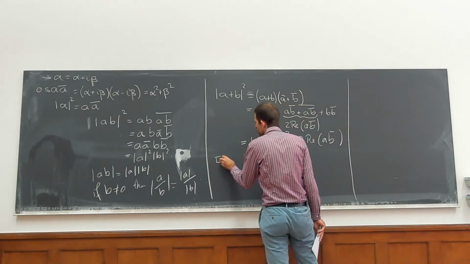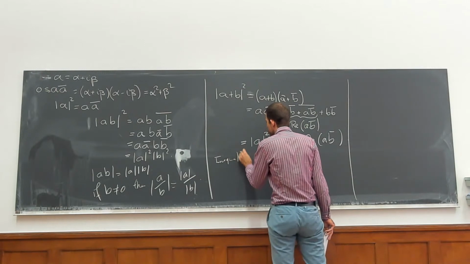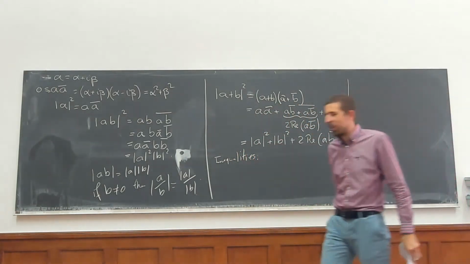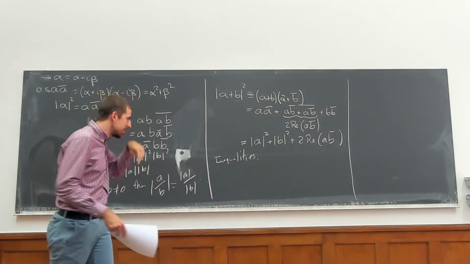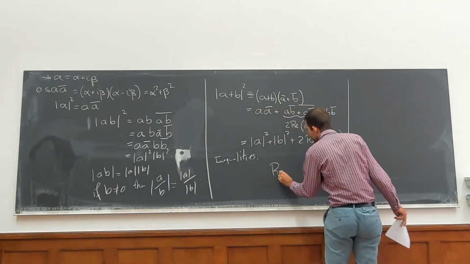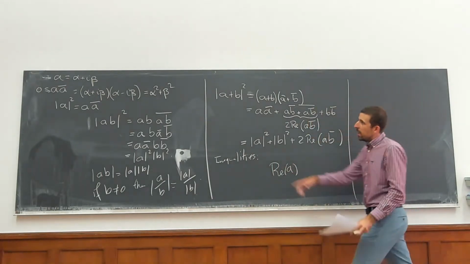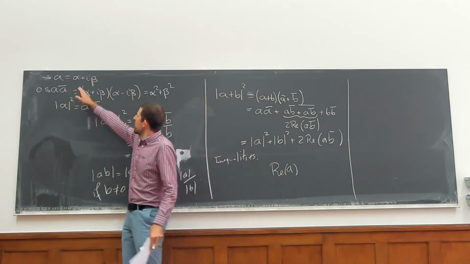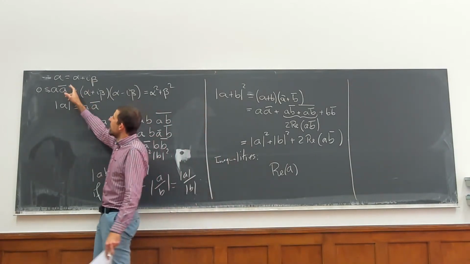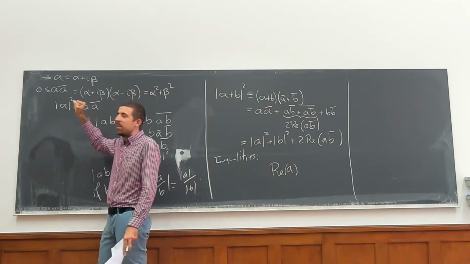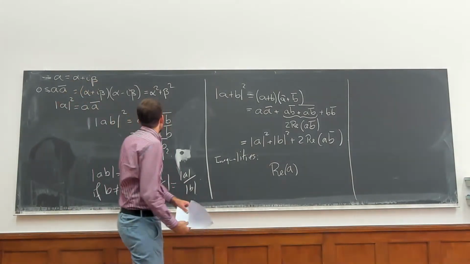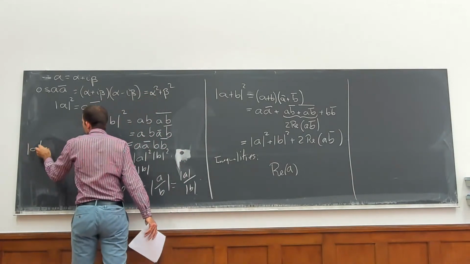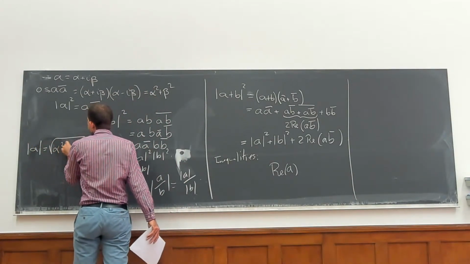Okay, so we have lots of useful inequalities. Maybe they're not particularly interesting at this point. But it's clear that if I take the real part of a number A, thinking of A as alpha plus i beta, the size of the real part will be smaller than the norm, because the norm is the square root of alpha squared plus beta squared.